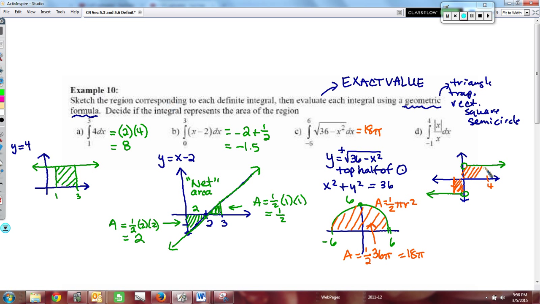Now you might be a little concerned about the fact that there's a discontinuity right here in the middle, but guess what? It does not bother us at all. This is the derivative of something that we actually can integrate. If you think about it, it's y equals absolute value of x, because the slope for the absolute value of x is -1 on this side and 1 on this side.